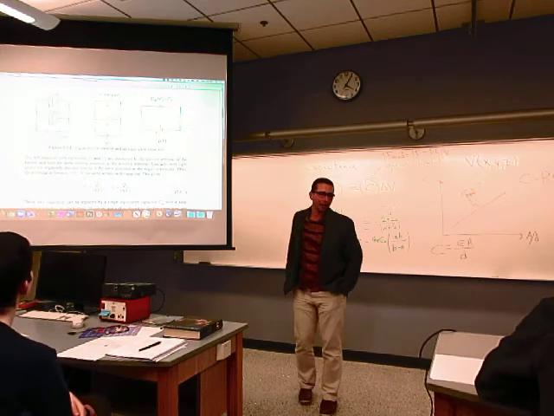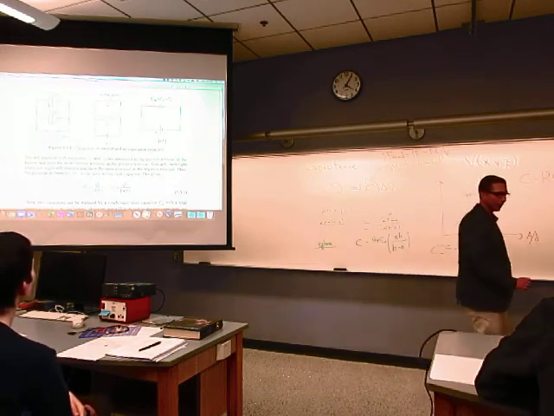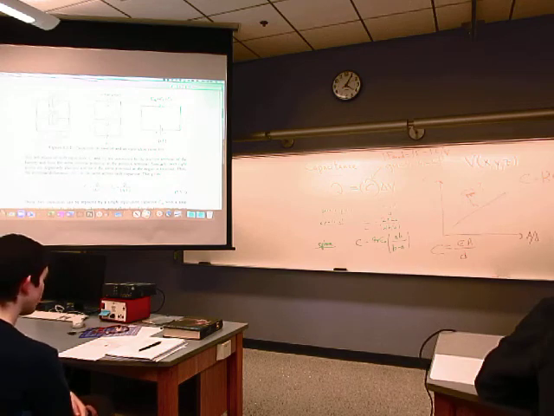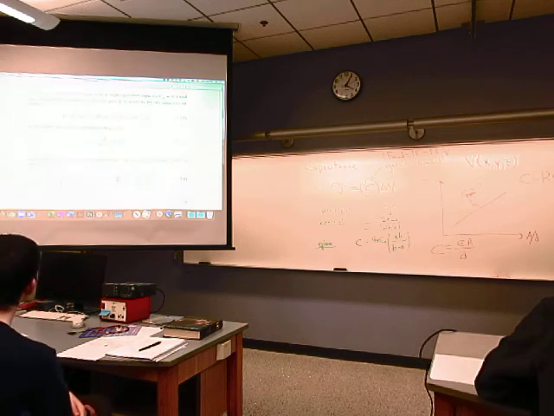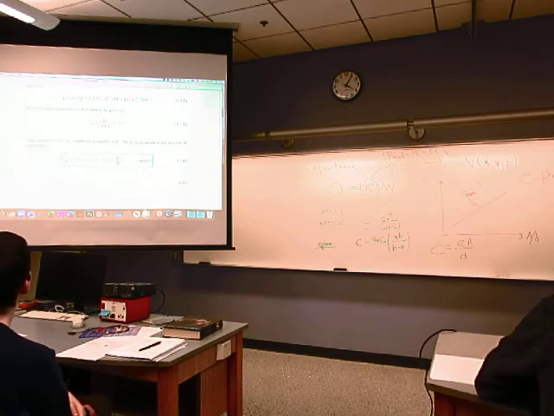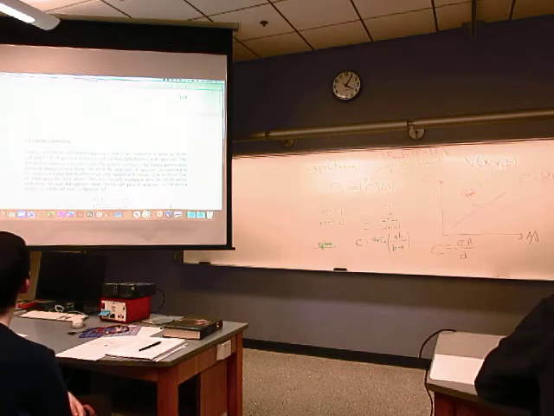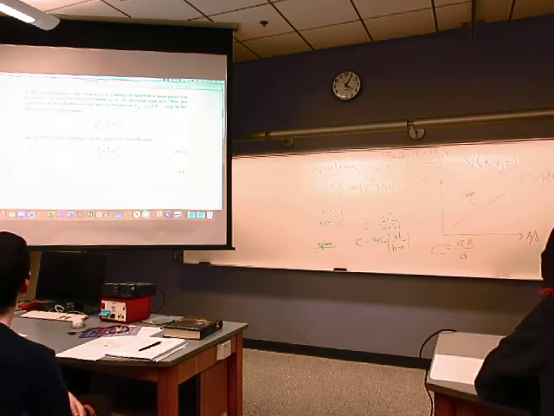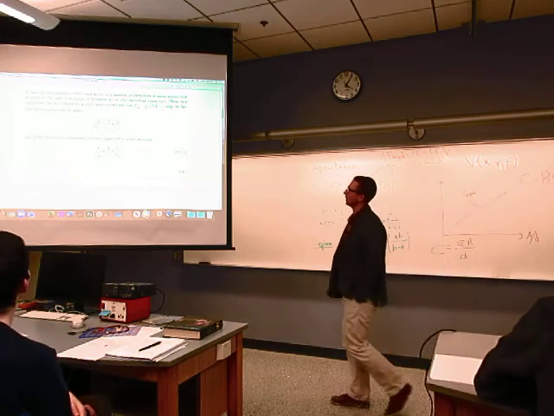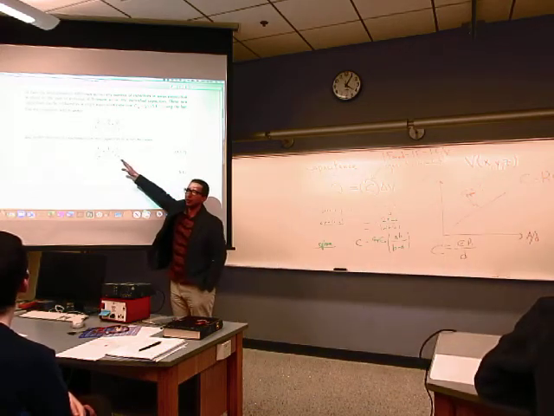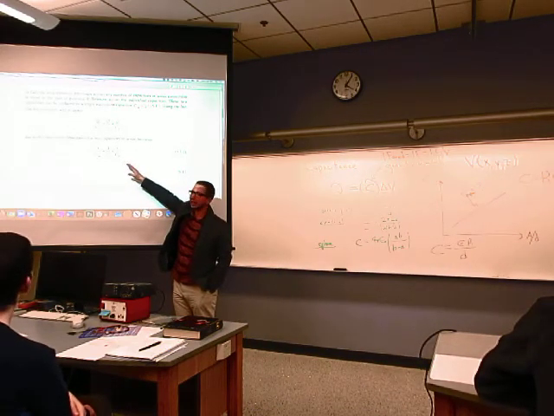Now, this is in your lab: if I combine a bunch of capacitors in parallel, you just add them all together to get the total capacitance. If I put them in series, it turns out you add the reciprocals together like this. Okay, that's what happens when you combine capacitors together.